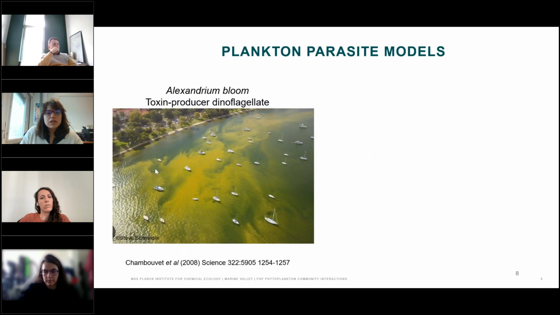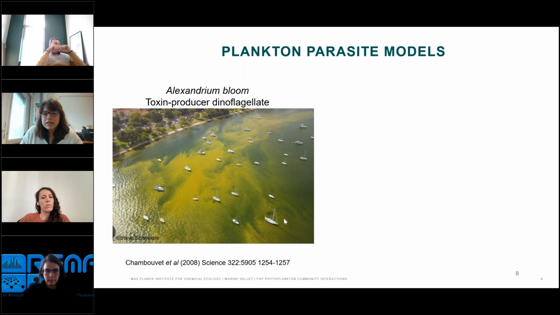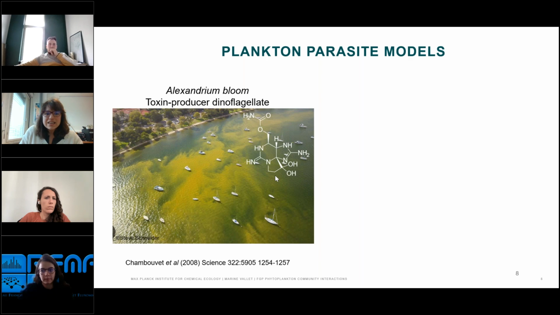And if we look more closely now at the plankton model I work with in the lab, I'm interested, for instance, in toxic algae such as Alexandrium minutum that can form these huge blooms. This looks kind of cool at first sight, but considering that some of these cells produce toxins, especially, for instance, the group of saxitoxins that are neurotoxic for mammals, this is actually a problem when you have this massive bloom.